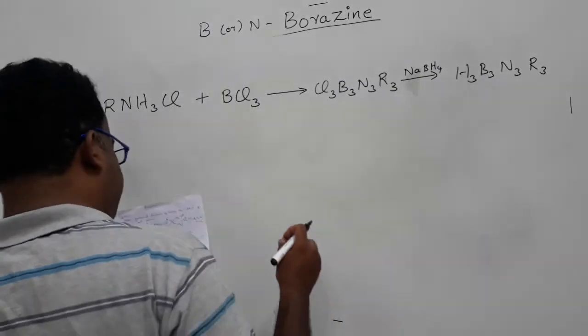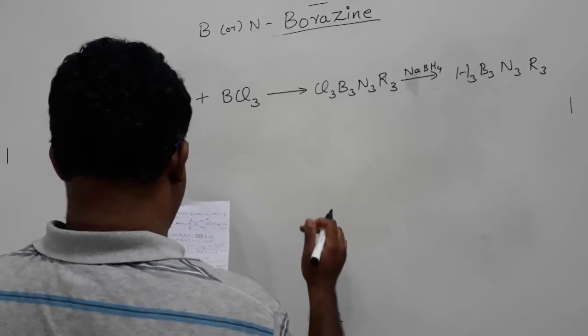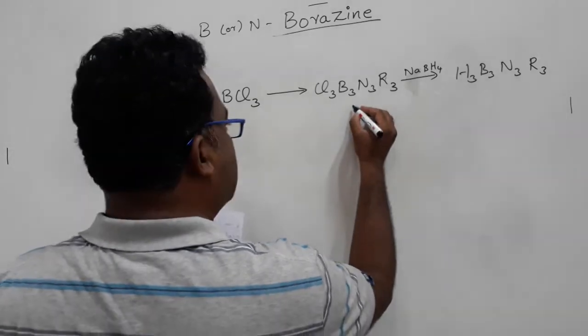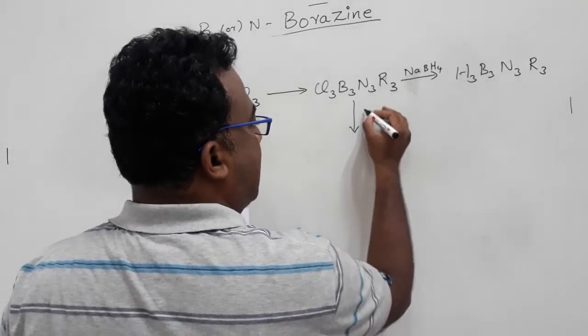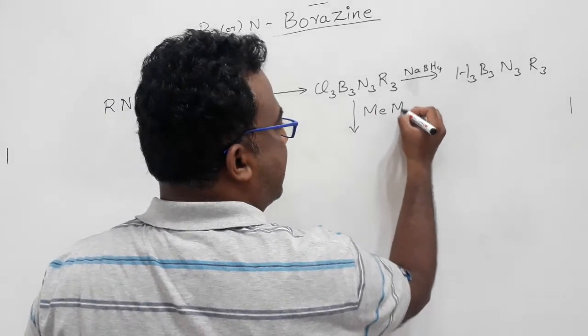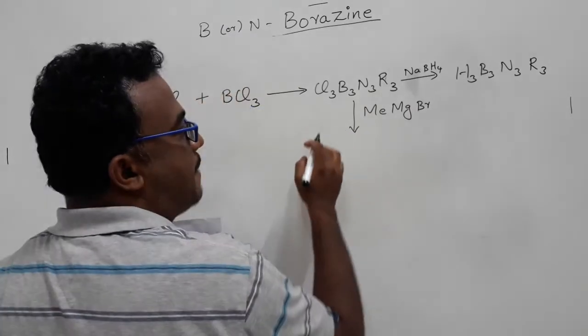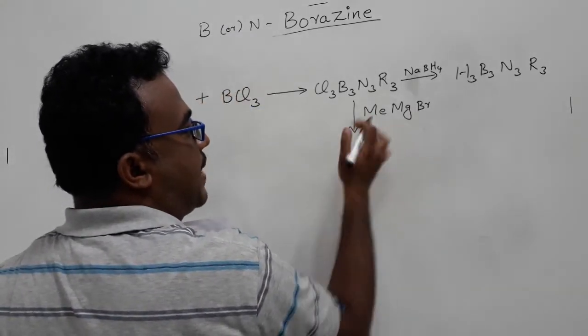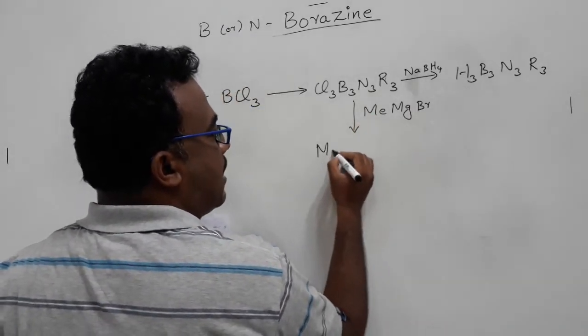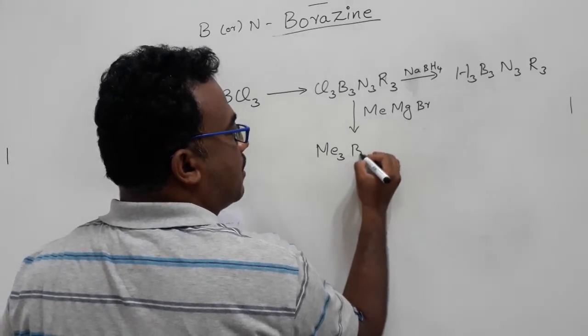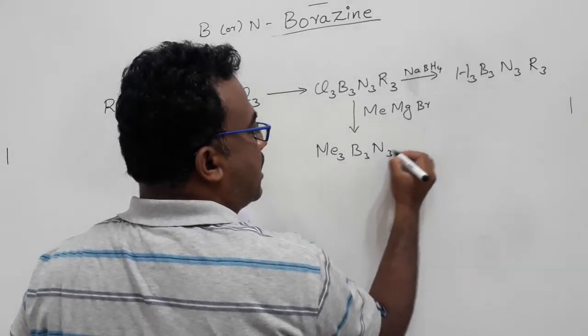Instead of this, if you react this compound with methyl magnesium bromide, a Grignard reagent, what happens? The chlorine will be substituted by methyl group. So you will get Me3B3N3R3.